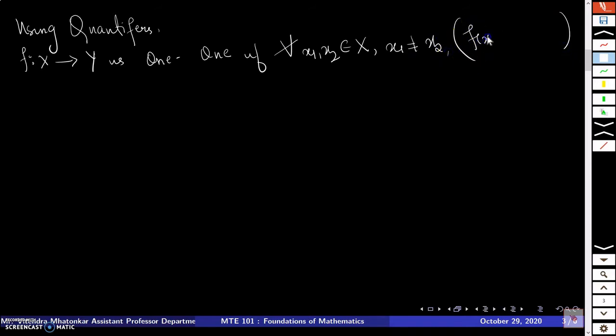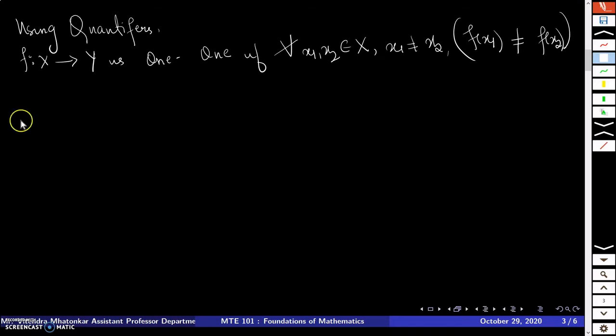That is, f of x1 is not equal to f of x2. For every pair of points x1 and x2 in x such that x1 is not equal to x2, their corresponding images, that is f of x1 and f of x2, must be different. So this is the definition of a 1-1 function using quantifiers.